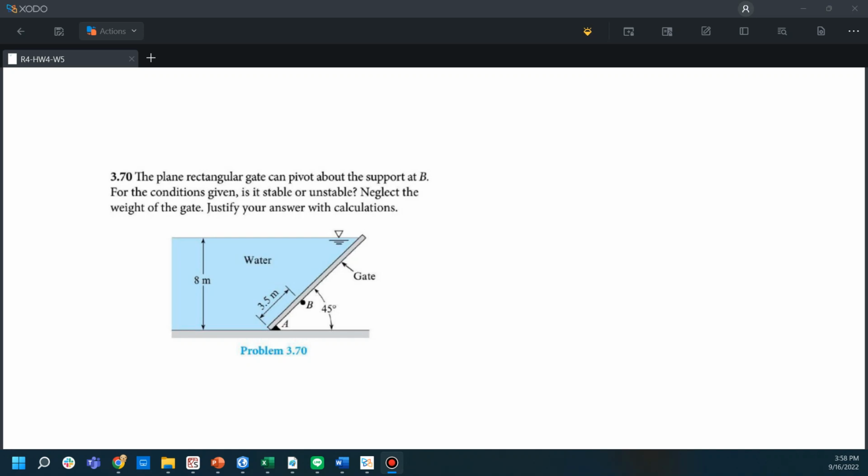So we have the pivot at this B point. If the pressure force provided by the water is acting on this B point, then we consider this system as stable, because the force will not create any torque.